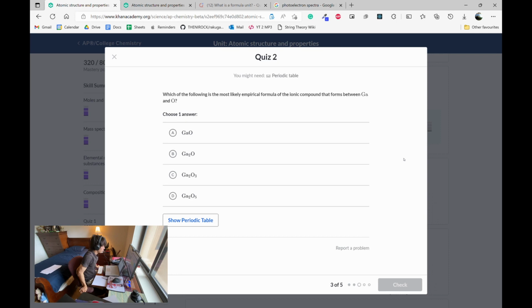Okay. Which of the following is the most likely empirical formula of the ionic compound that forms between gallium and oxygen? What is an ionic compound, man?